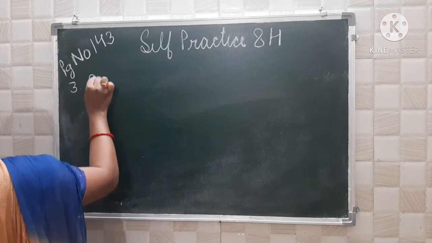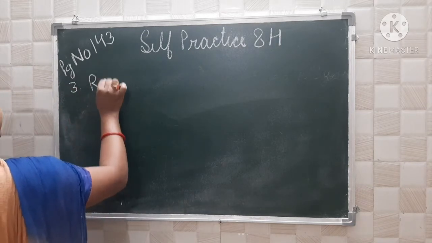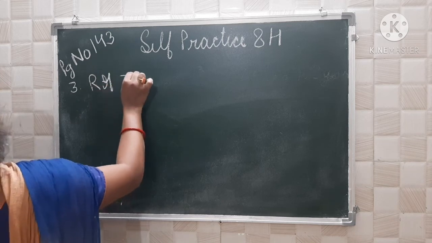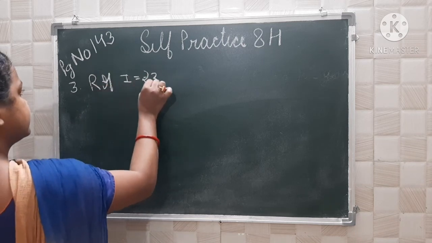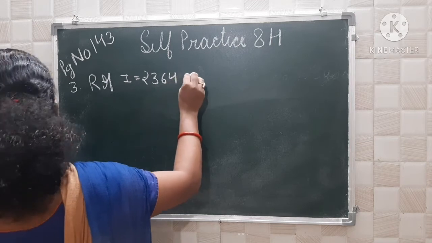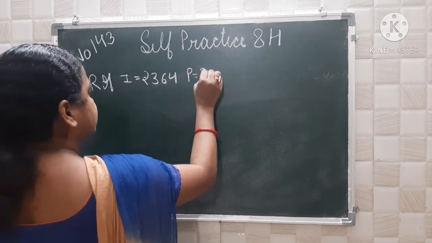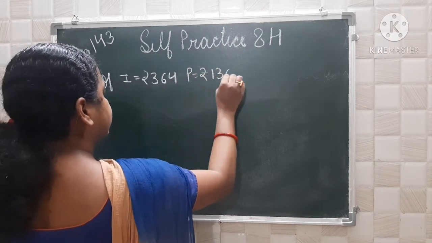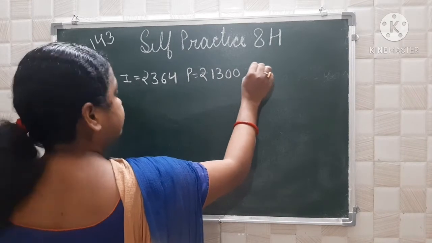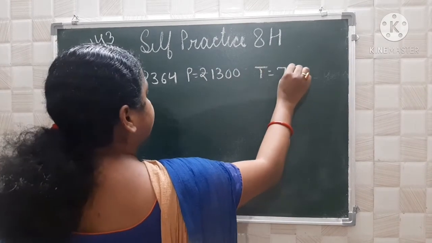Now see question number 3. In question number 3, you have to find R if SI is equal to rupees 364, P is equal to rupees 1300 and T is equal to 7 years.